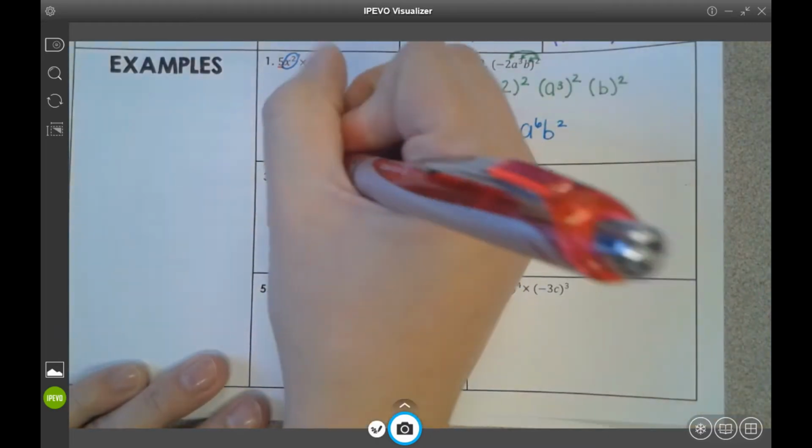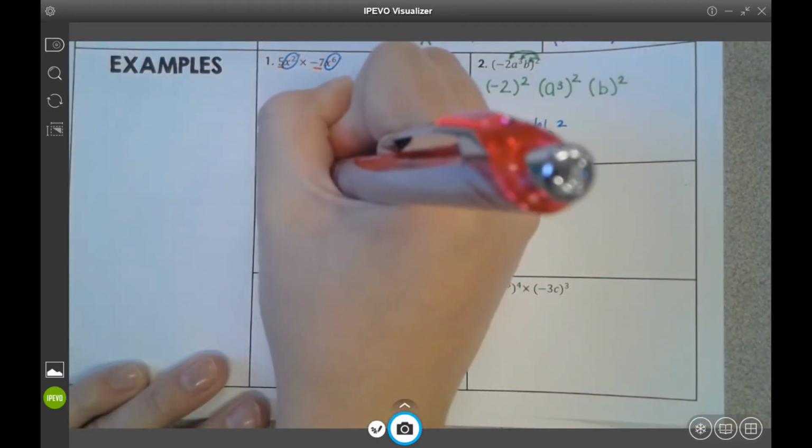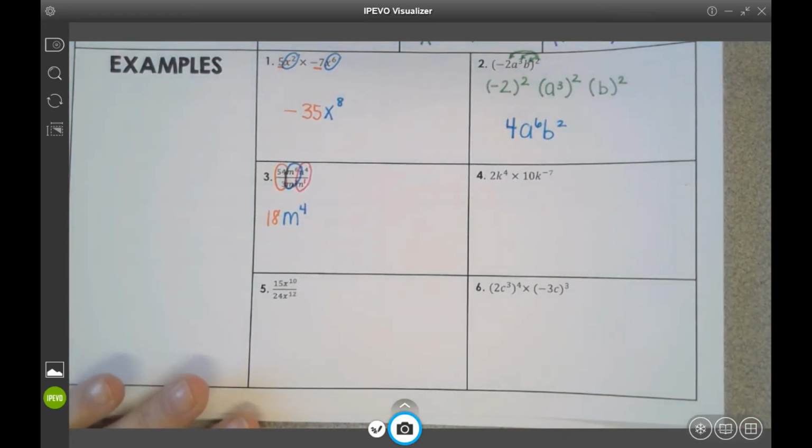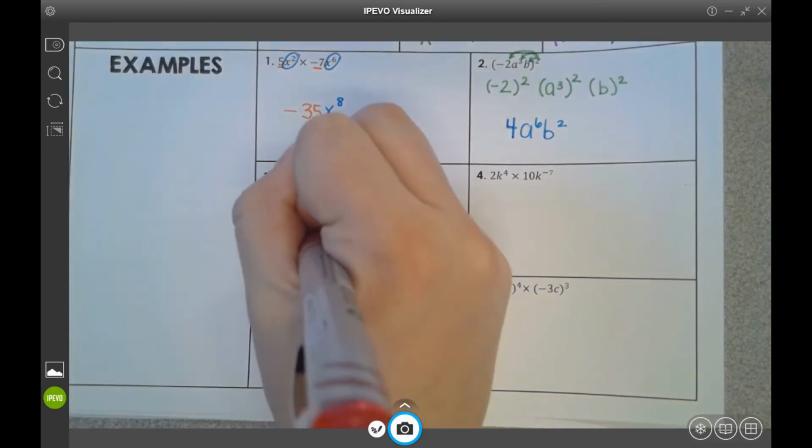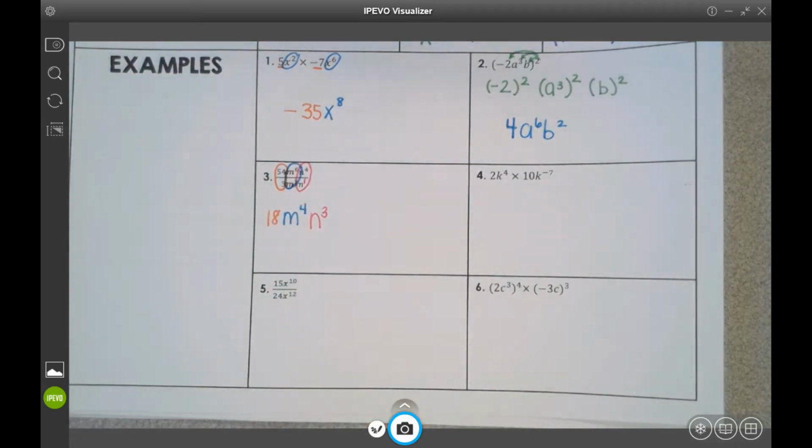And then the n's, we have an n to the 4th and an n to the 1st. So that would be n cubed. So 18 m to the 4th n cubed.